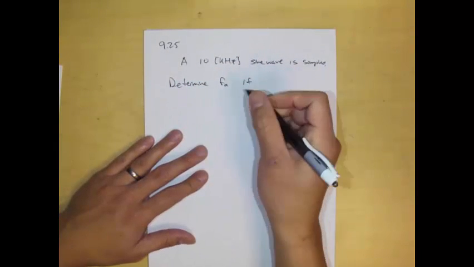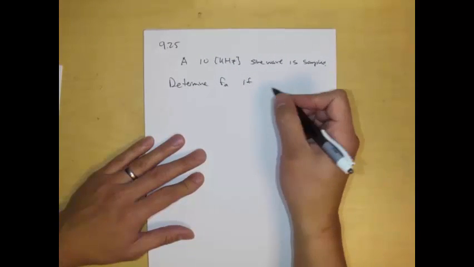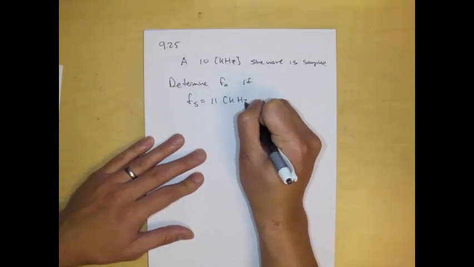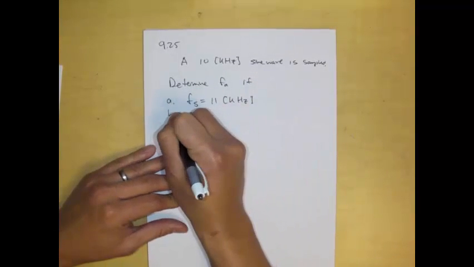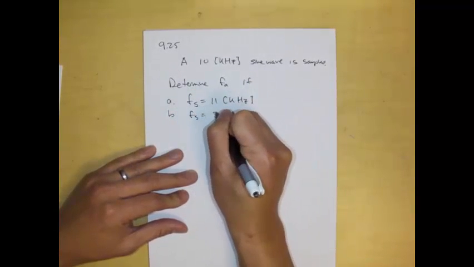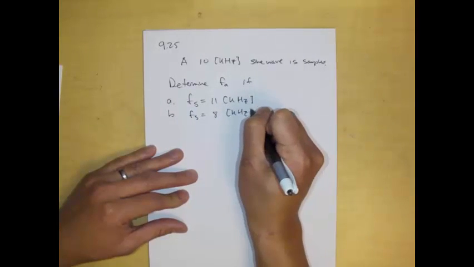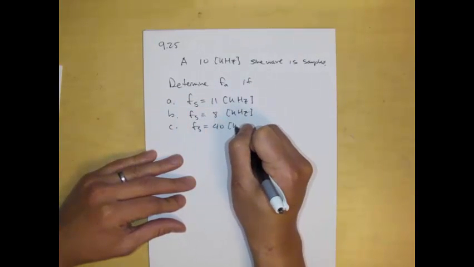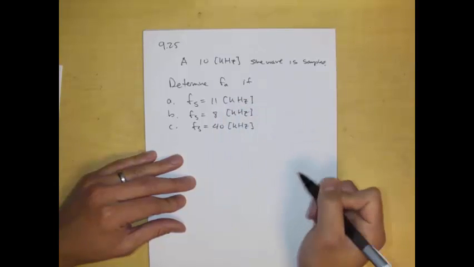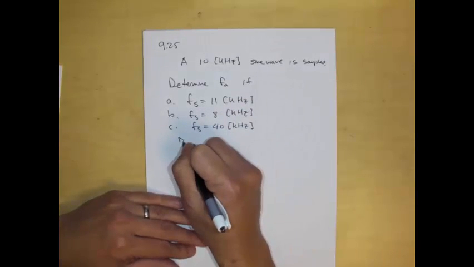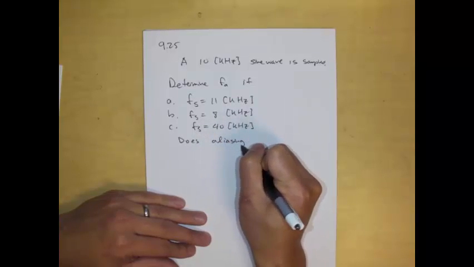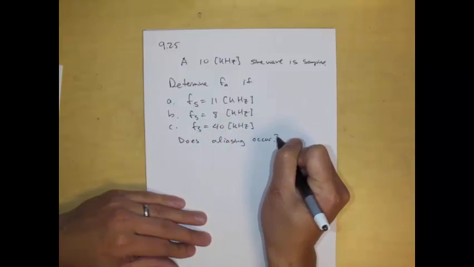Fa if Fs is equal to 11 kilohertz. So that's A. B, if our sampling rate is 8 kilohertz. And C, Fs is equal to 40 kilohertz. Okay. We also want to know, does aliasing occur for all three cases?